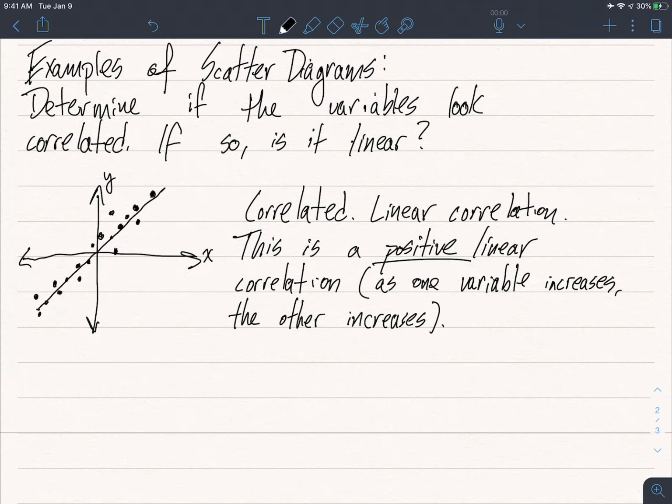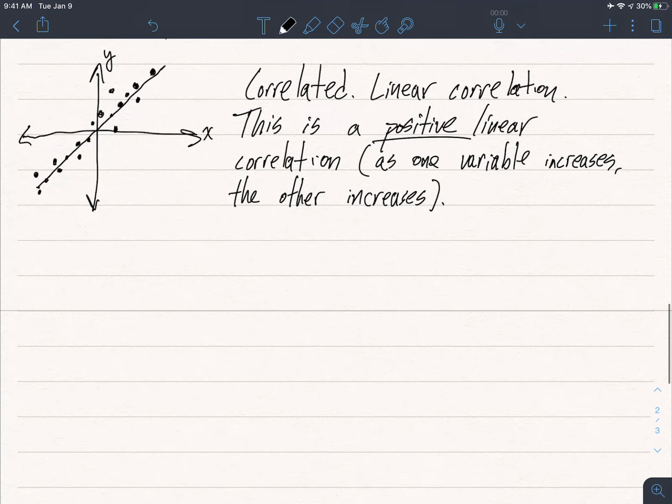All right, next example. Maybe something like this. Maybe no negative values on this one, only on the positive side.